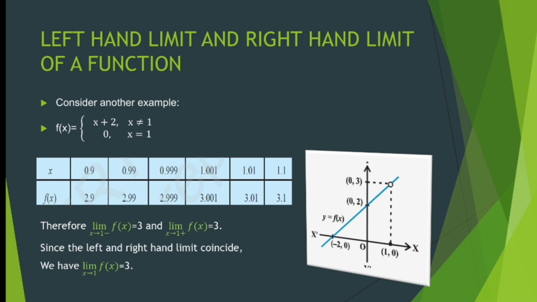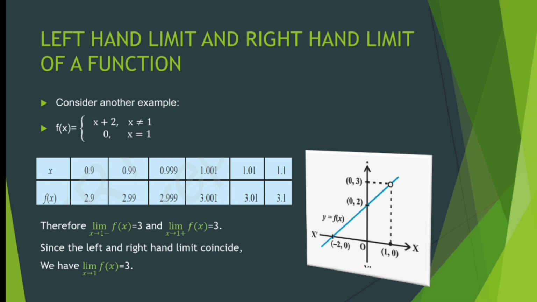To illustrate left hand limit and right hand limit, consider an example. Suppose f(x) equals x plus 2 when x is not equal to 1, and 0 when x equals 1. First, construct the table of x and corresponding f(x). For x equal to 0.9, we get f(x) equal to 2.9. For x equal to 0.99, we get f(x) equal to 2.99.